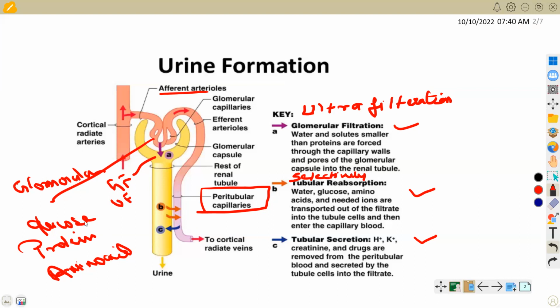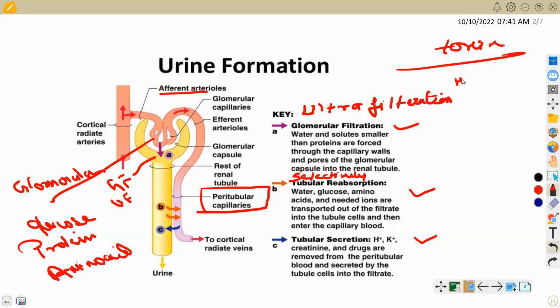Okay, and then during the course of selective reabsorption, what happens? Sometimes there are substances which need not be given to the circulation, rather they have to be completely discarded out of the body. Those are toxins. Okay, so toxic waste should be completely discarded out of the body.